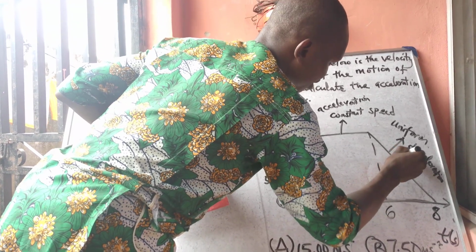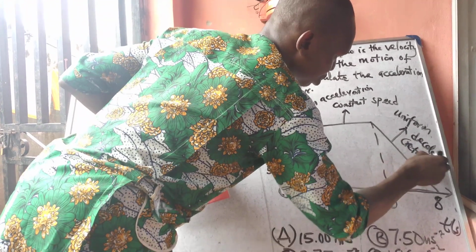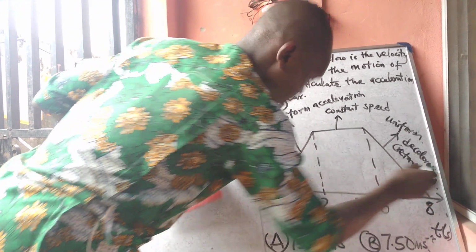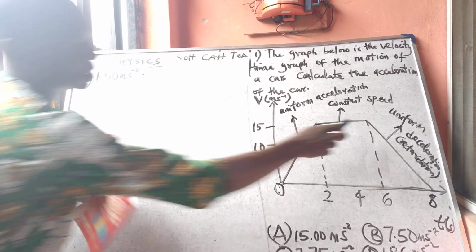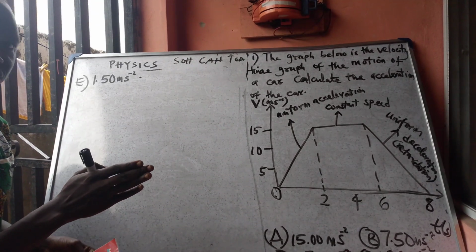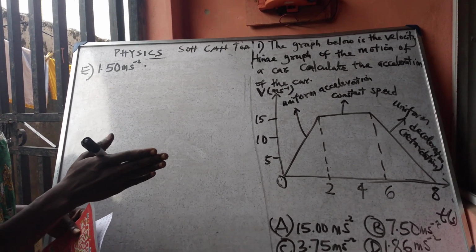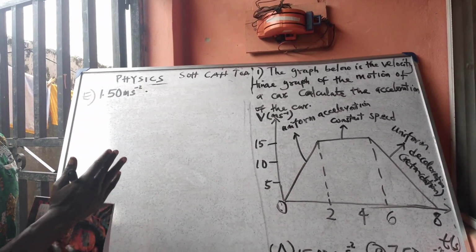Deceleration is also known as retardation. That word retard means to come to rest. So retardation is a negative form of acceleration, that is, the decrease in velocity with respect to time. So it is negative, whereas uniform acceleration is always positive.